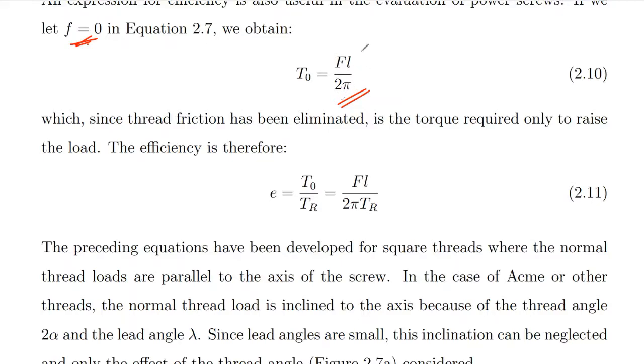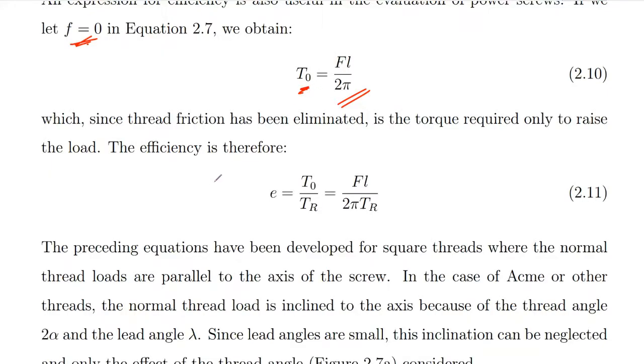This is an ideal condition where we don't have friction in the system, and in that case we have this as the torque that is needed to raise the load.